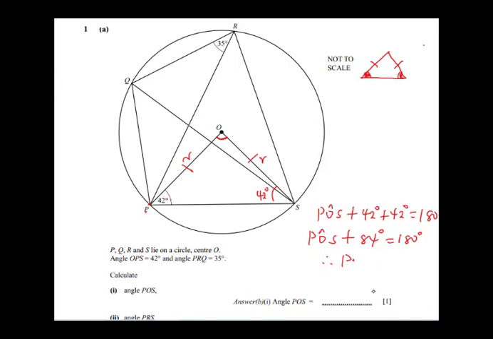Therefore, angle POS equals 180 degrees minus 84 degrees. If you subtract 84 from 180 degrees, it will give us 96 degrees. So angle POS is 96 degrees. I think that is clear.